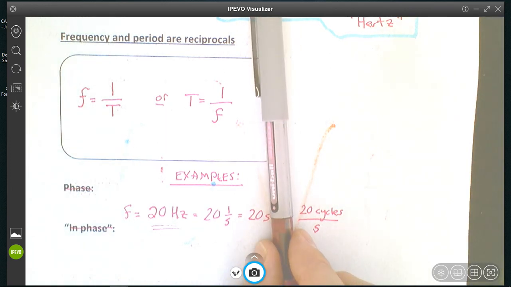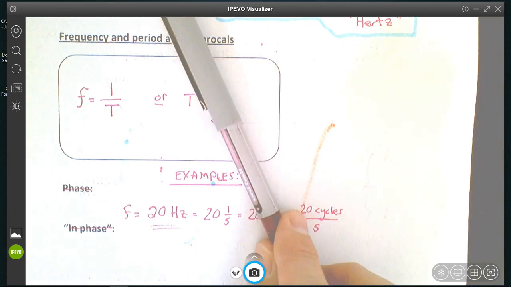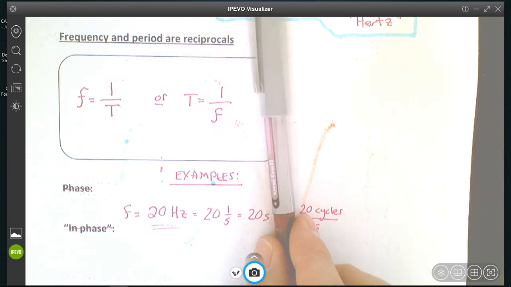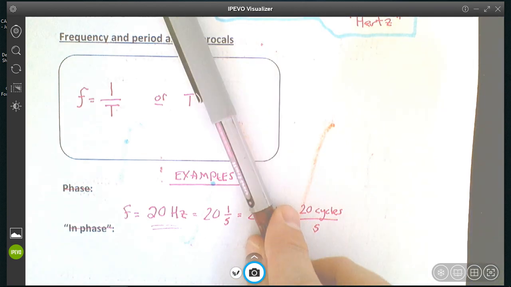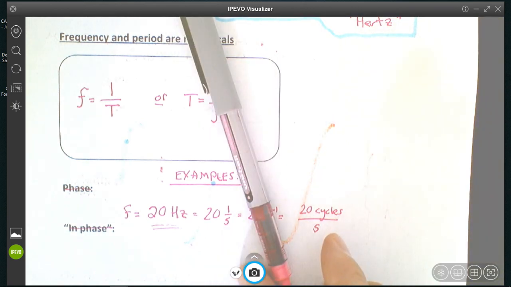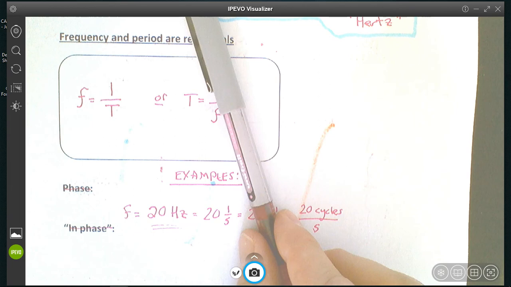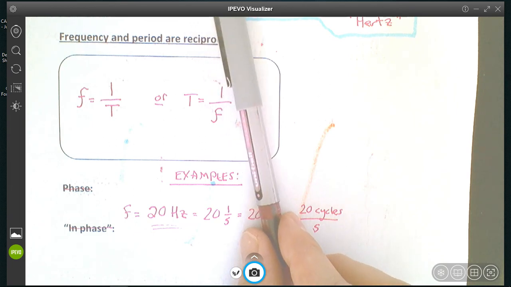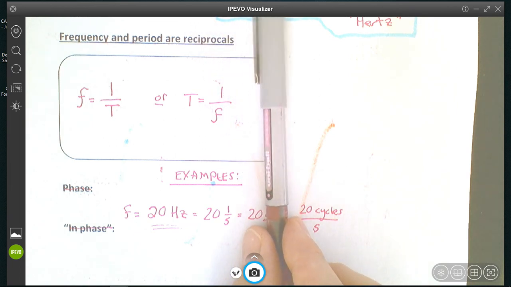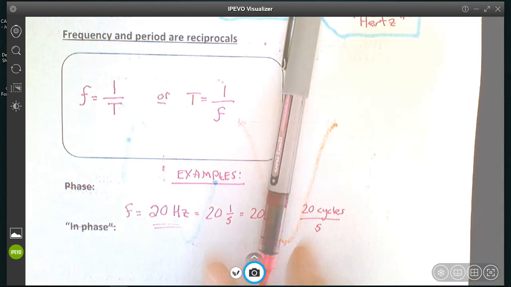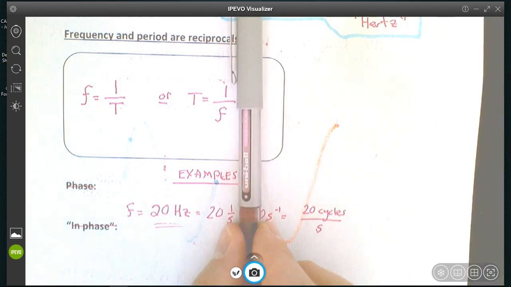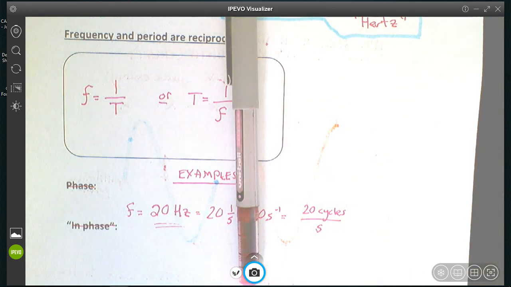If I tried to do 1 cycle per second, what about a half a cycle per second? I'd have to go really slow. If I did 0.00001 cycles per second, the period would be really, really slow. The frequency would be slow. So frequency is just how rapidly the object is vibrating.